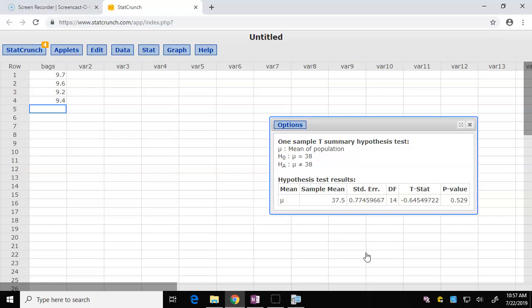The p-value wants 3 decimal places. Okay? So what was our t statistic? Negative 0.65. And what's our p-value? 0.529. All right, let's go fill those in.